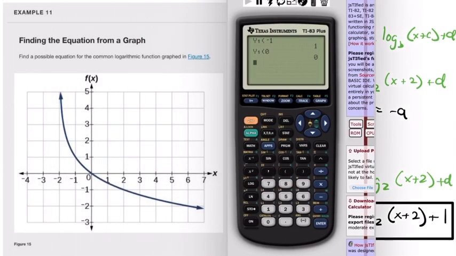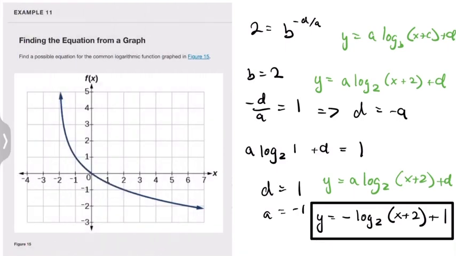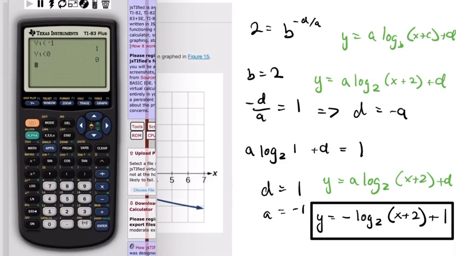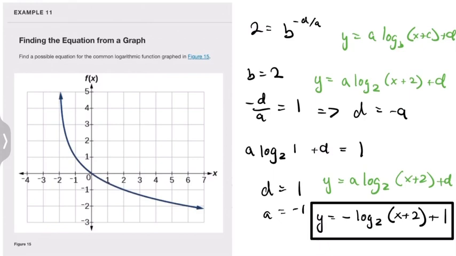Okay. When x is 2, we should get -1. Okay, so that's about the best we can do, right? So this equation is correct.